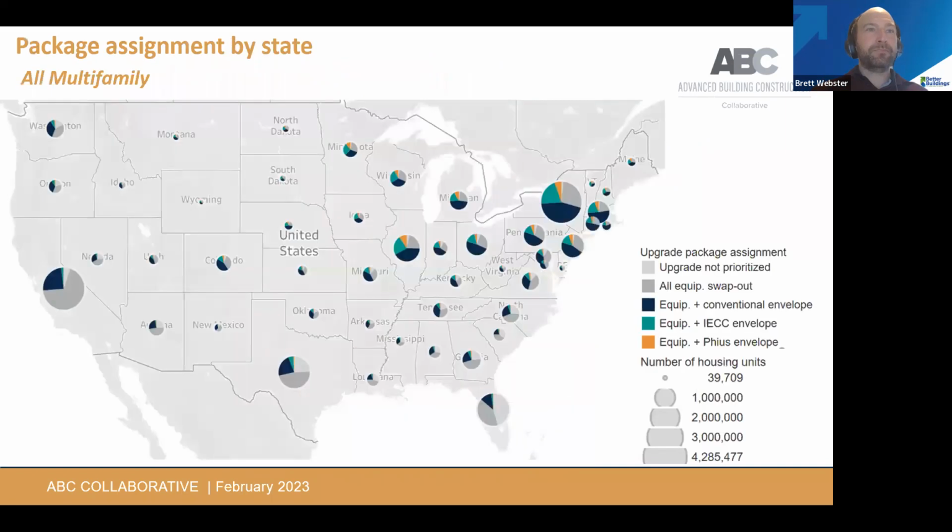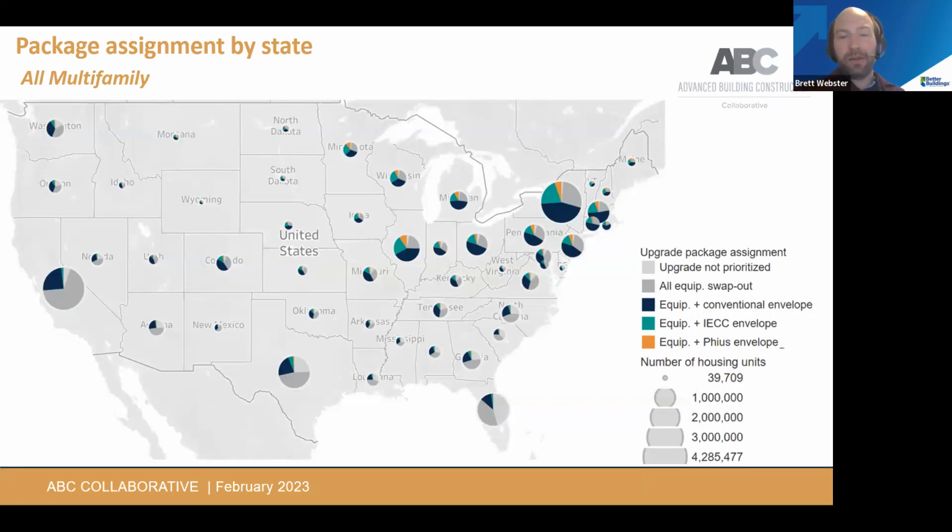Next slide, please. These are the same results shown by state, with a pie chart of each of those packages that we analyzed applied to all multifamily buildings within each state. So you can see in a place like California with a relatively mild climate, we see a lot of multifamily buildings that just need an all equipment swap out, and then a good chunk that need equipment plus a conventional or light touch envelope.